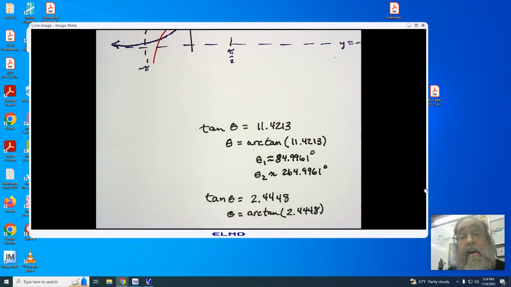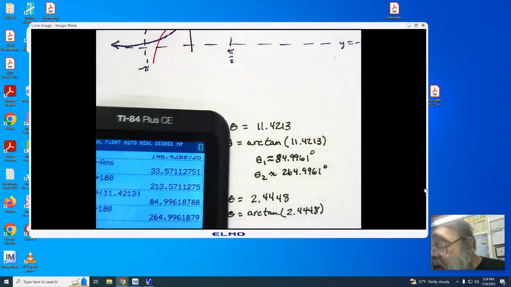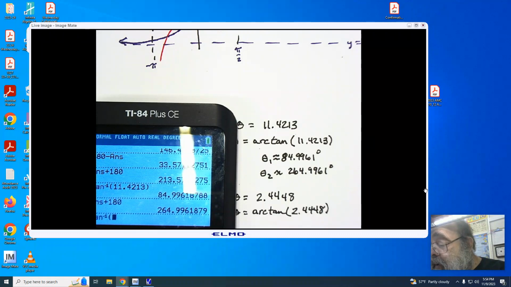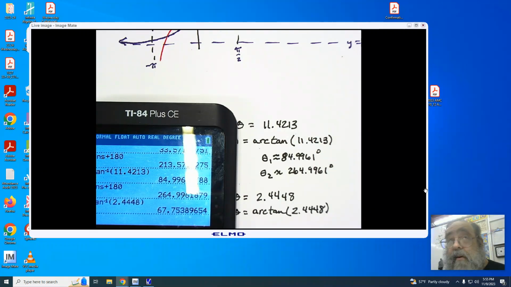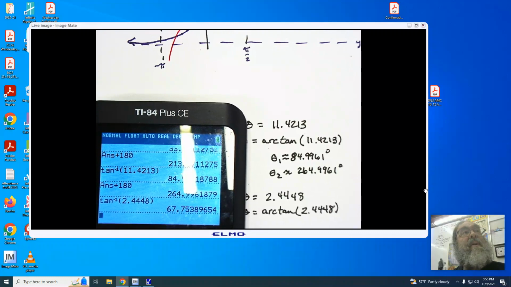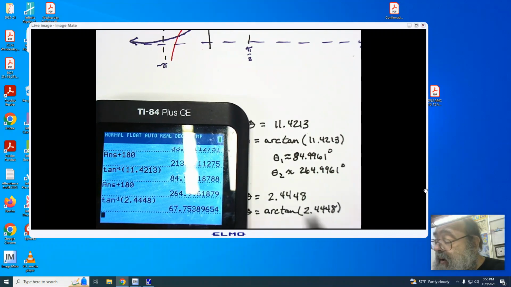We hit second function tangent in our calculator. We put in 2.4448, close and hit enter. There is our reference angle. Notice it's in the first quadrant. In the first quadrant, the angle is the reference angle. It is also our first solution, 67.7538 degrees. And you can either round or truncate.